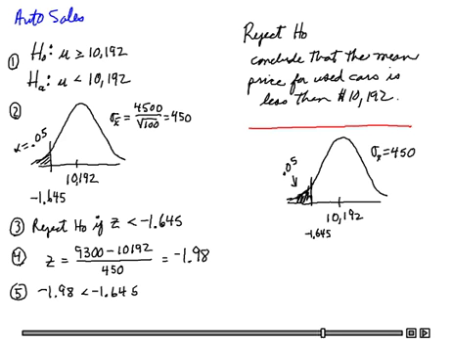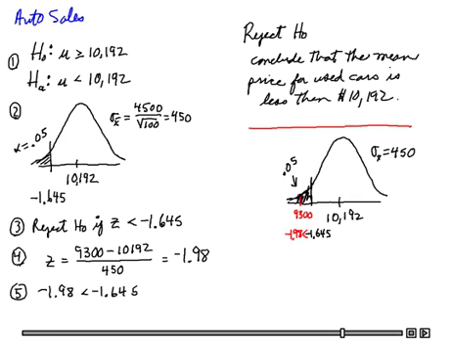The negative 1.98 is to the left of negative 1.645, indicating that the 9,300 was further out than it had to be for the rejection. Now, to determine the strength of that evidence, I want to go ahead and calculate the p-value.